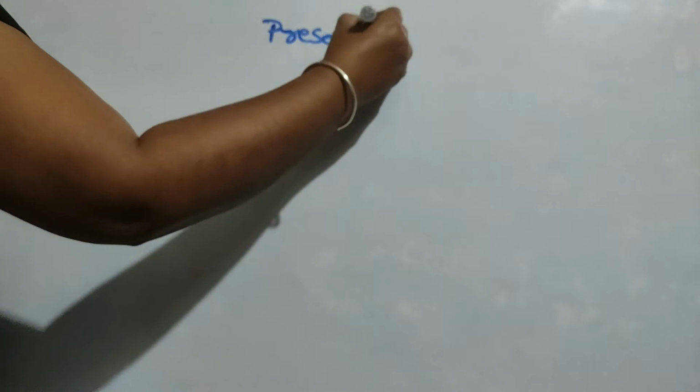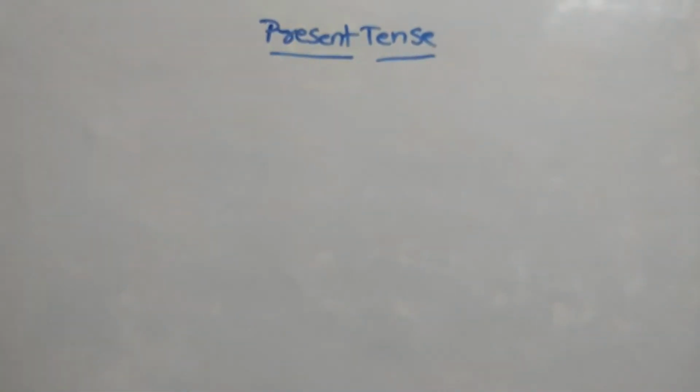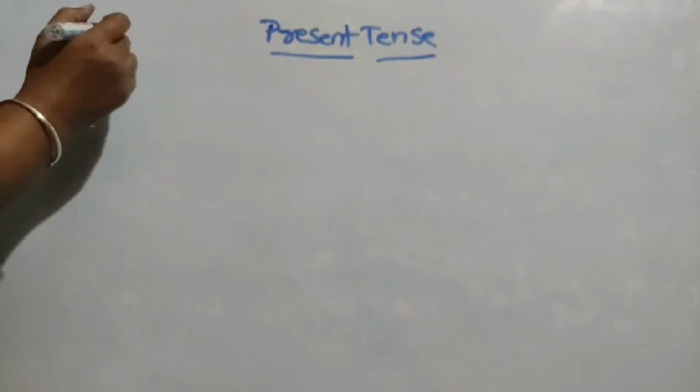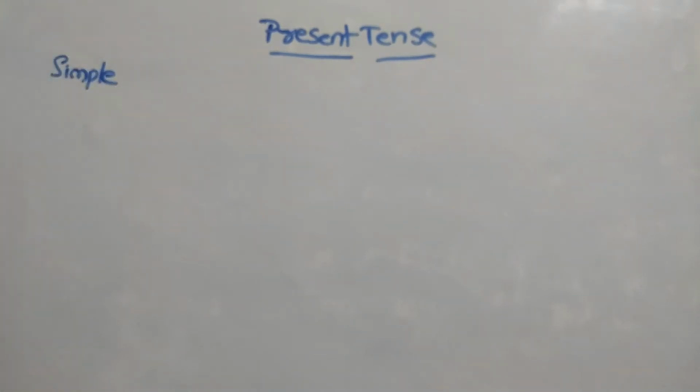Example, present tense. Overall I am going to talk about present tense. As I told you in the previous sessions, in the simple present we always speak about regular works, our daily habits or universal truths.